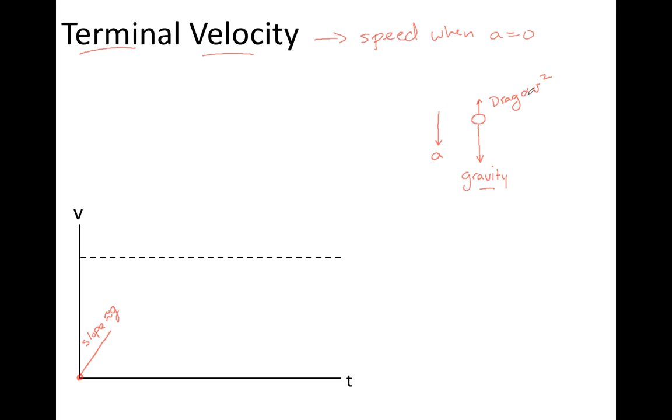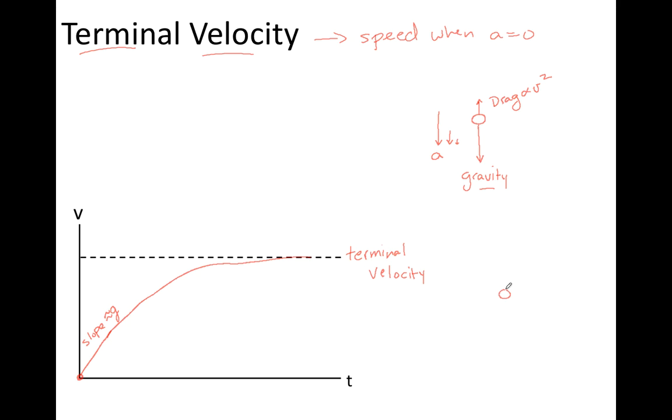But as the drag force gets bigger, the unbalanced total force gets smaller, and so the acceleration will get smaller and smaller. And eventually the acceleration is going to drop to zero. So that means the slope is going to approach zero. And what that looks like on this graph is something like this, where the speed approaches some terminal velocity, where the object is falling down, but it is no longer accelerating.